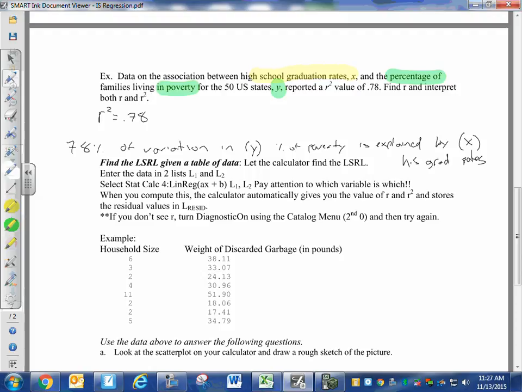Okay, good. Now, if I give you R squared, how can you find R?